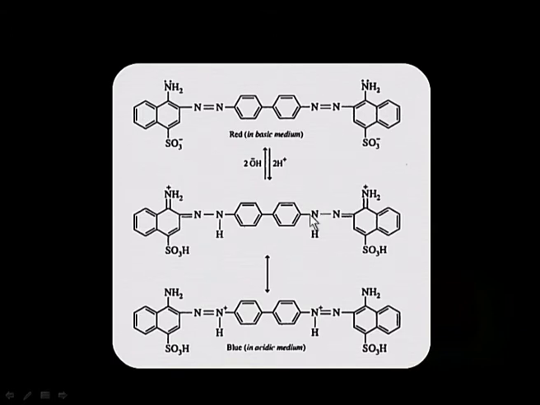As a result, a charge structure is generated. Here a positive charge and here another positive charge is developed. In this structure you can see that this is a neutral molecule, but on addition of acid a charge structure is formed, and then this charge structure is stabilized by resonance also. This is the reason that Congo red in acidic medium shows blue color, whereas in alkaline medium it is red.